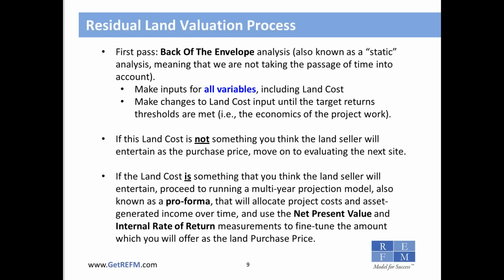Once we achieve that hurdle, say an 8% return for a yield on cost, or a 20% profit margin for a condominium project, then we need to ask, is this land cost that allows me to achieve my threshold return something that the land seller would be interested in, or is it totally out of bounds?